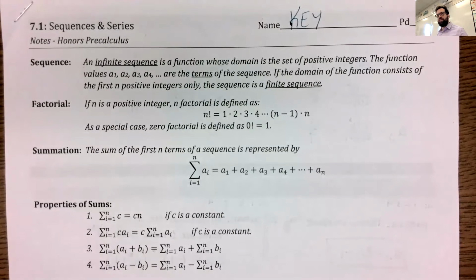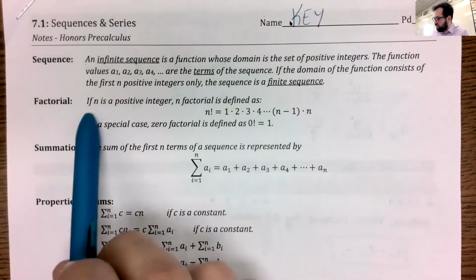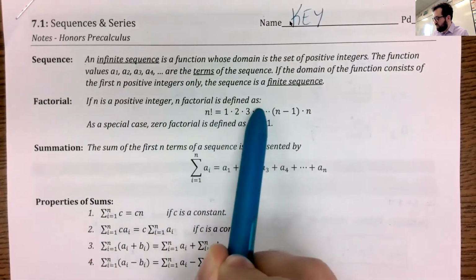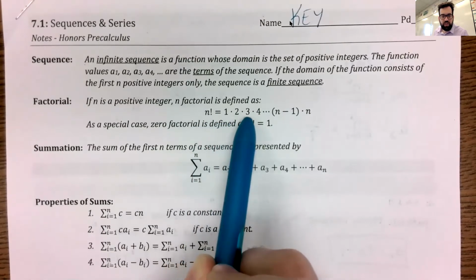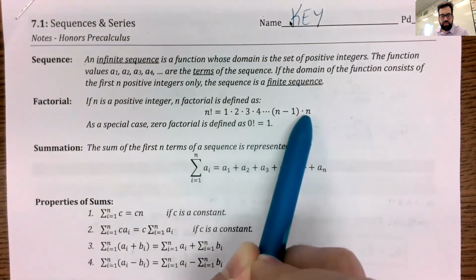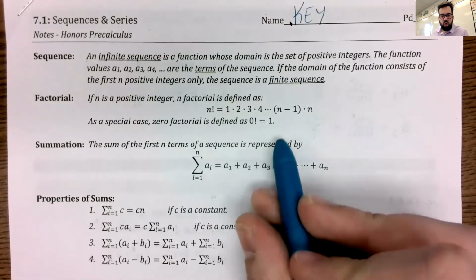If not, it's something you might remember from a middle school math course, but most of our high school math courses don't involve factorials. The idea isn't too hard though. If n is a positive integer, n factorial is defined as n factorial equals 1 times 2 times 3 times 4 times dot dot dot times n minus 1 times n. As a special case, 0 factorial is defined as 1.